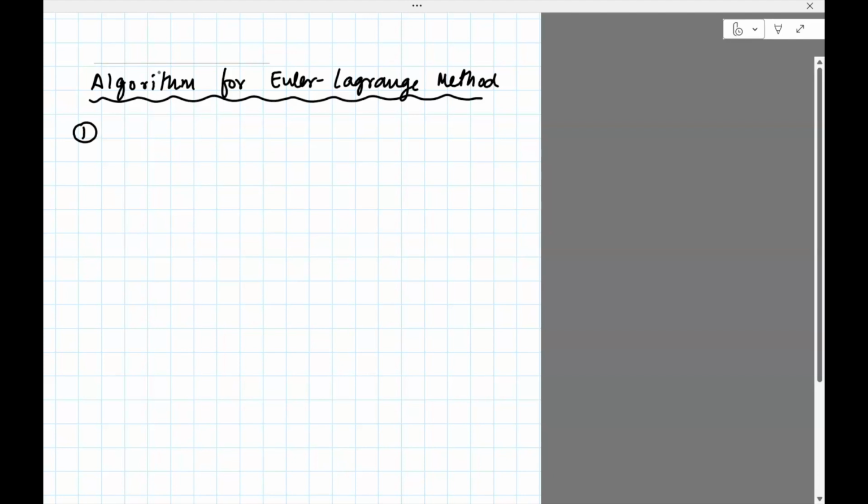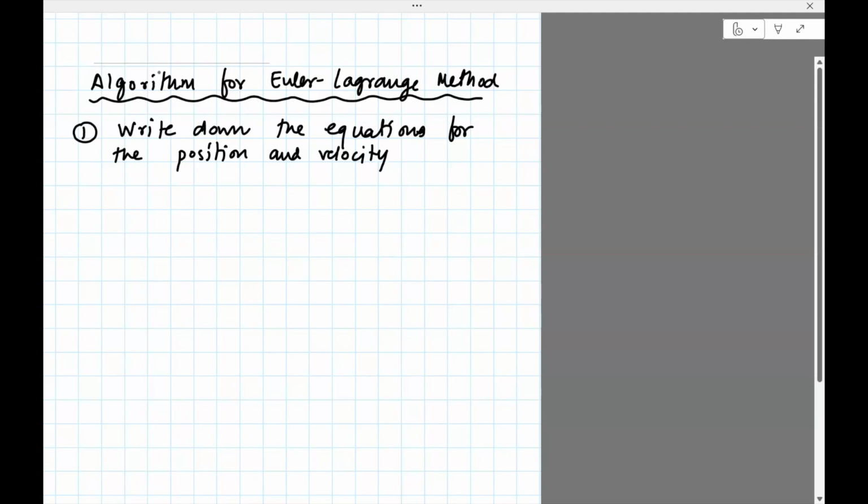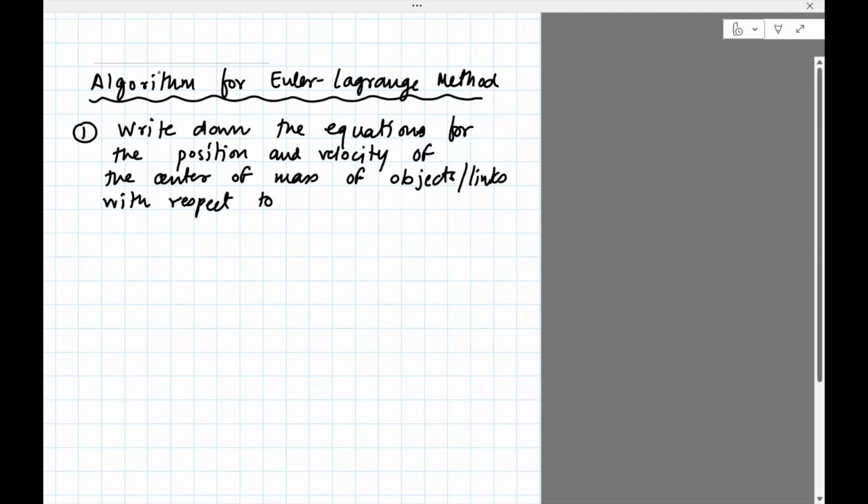Number 1, write the equations for the position and velocity of the center of mass of objects or links with respect to the world frame.